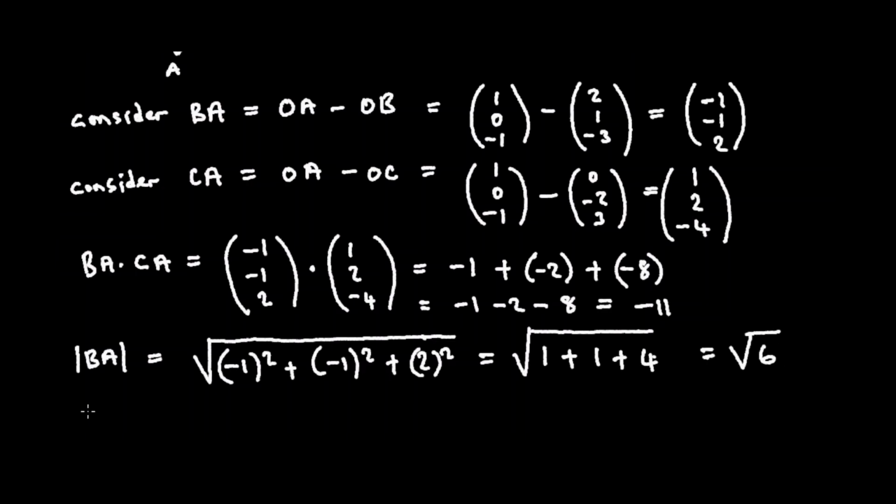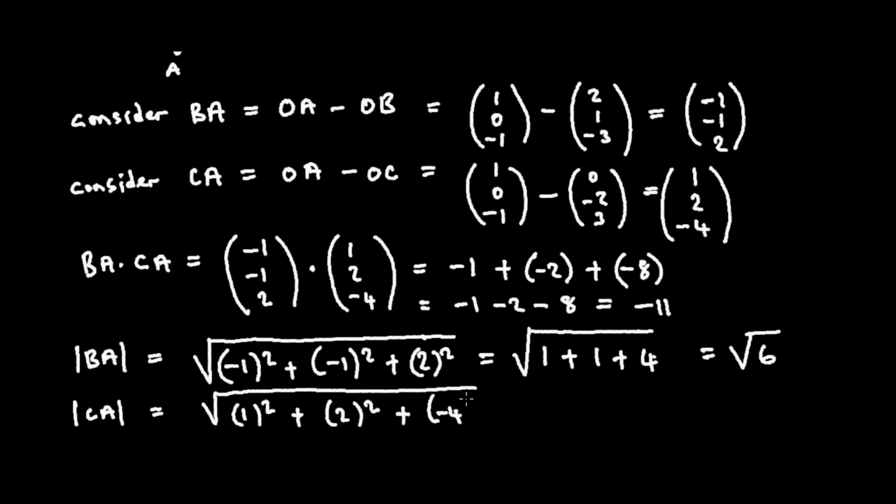Then the size of CA is the square root of 1 squared plus 2 squared plus (-4) squared, which is 1 plus 4 plus 16. 16 plus 4 is 20, then 20 plus 1 is 21. So here it's root 21.